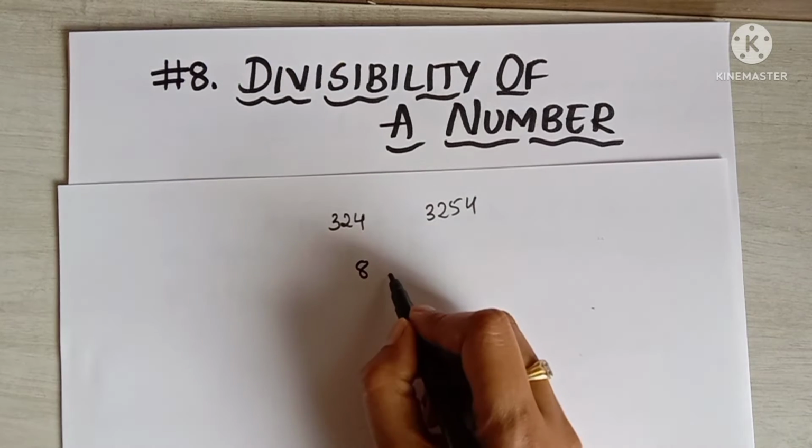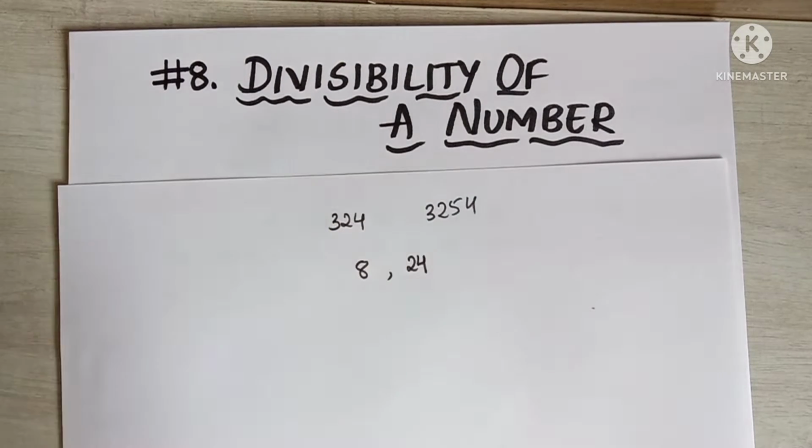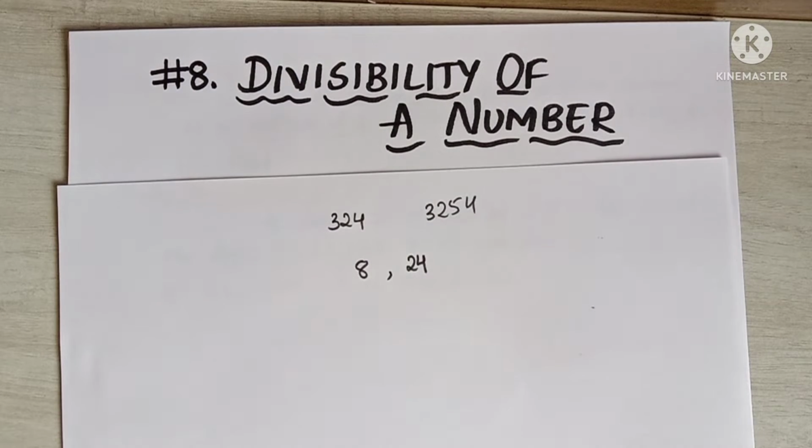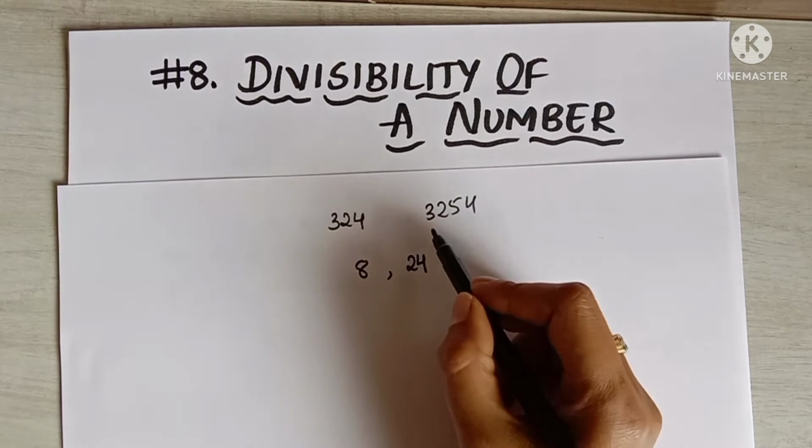What about a two digit number, for example 24? Can you divide? Yes, you can divide it by 2 or by 6 or by 12. What about a three digit number like 324? Can you divide? Yes, you can. What about a four digit number? Let us take 3254.